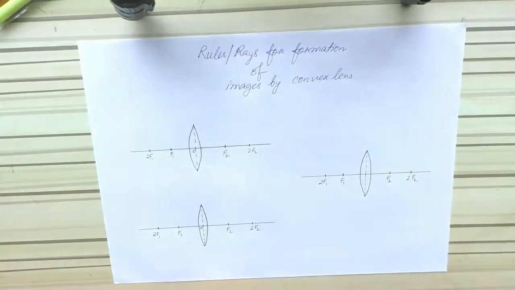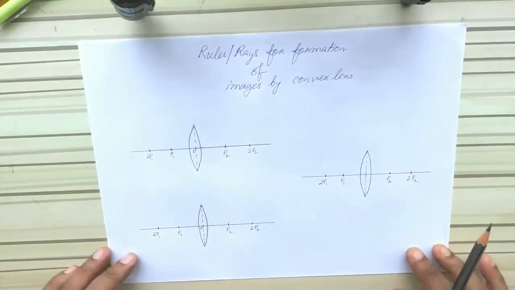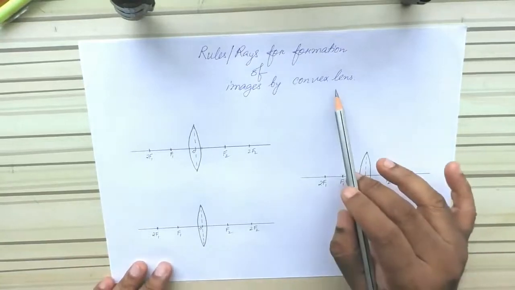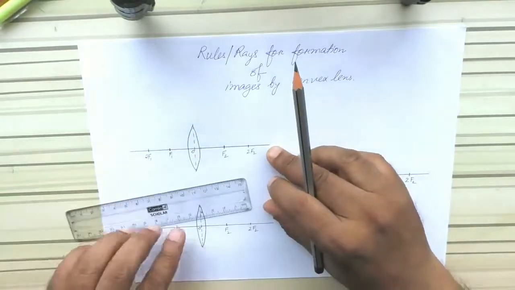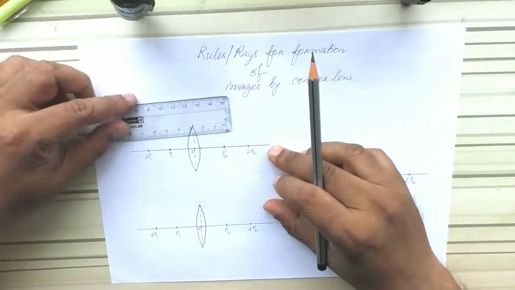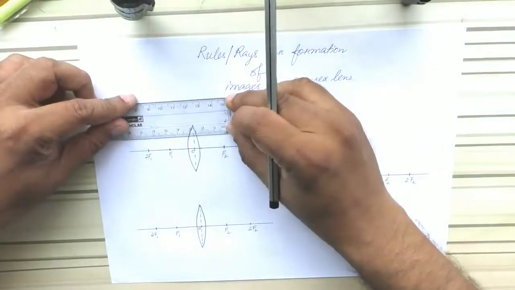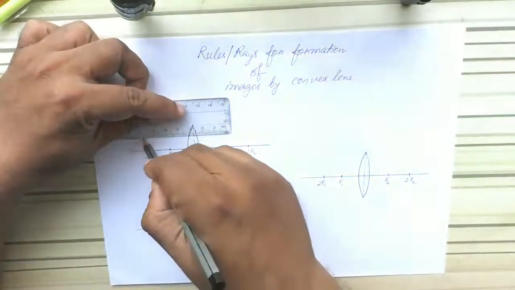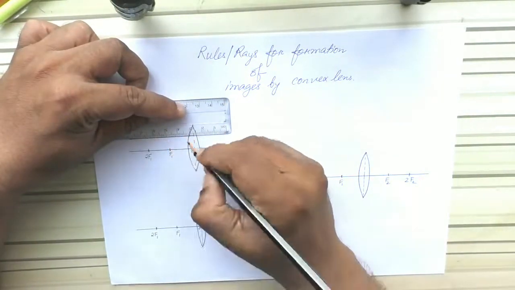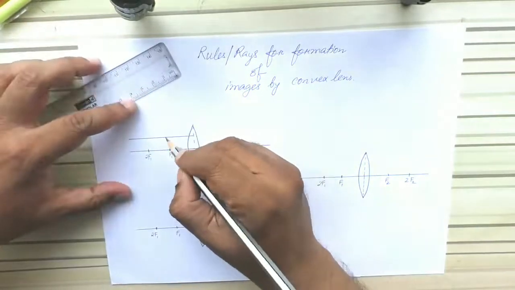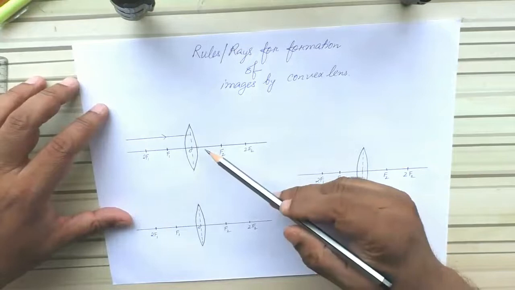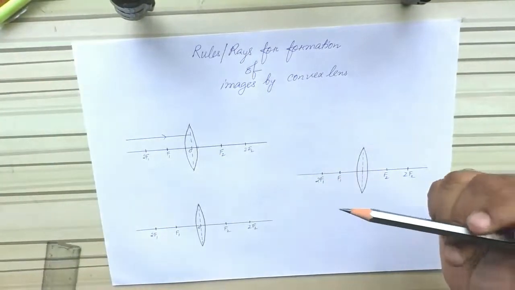So what are the common rules that are followed for drawing the ray diagram to show the formation of images in case of convex lens? And the first rule is that if a ray of light incident parallel to the principal axis in case of convex lens, what will happen to this light ray?